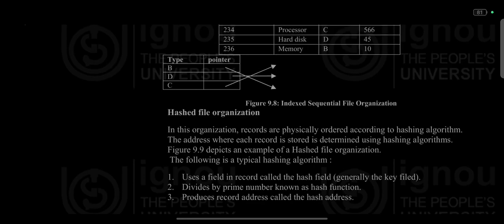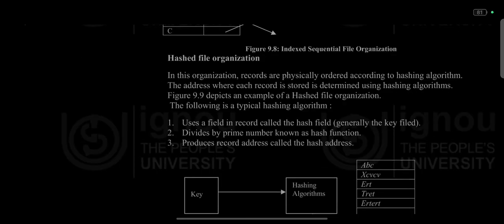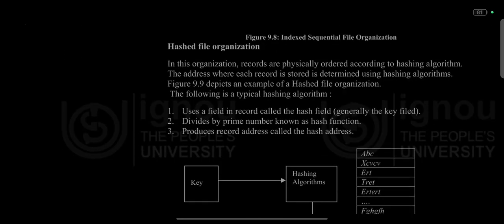Then hashed file organization. In this organization, records are physically ordered according to a hashing algorithm. The address where each record is stored is determined using the hashing algorithm. Figure 9.9 depicts an example of hashed file organization. The following is a typical hashing algorithm.